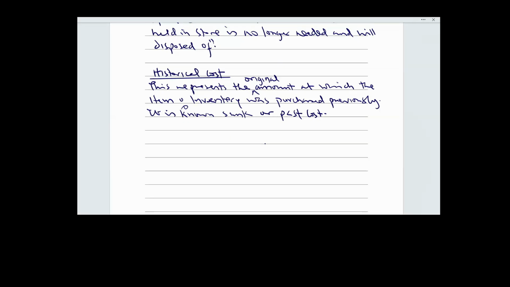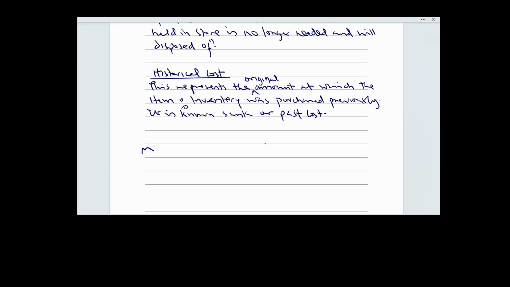If you now want to determine your relevant cost of a project or of a contract, whereby you are going to need material, the material that you have in your store is not relevant to the future decision that you want to take, because the cost of that material is past, is historical, it's a sunk cost. You can't change what has happened in the past, because relevant costs must relate to the future. It must be futuristic in nature. Any historical cost is a sunk cost. Any sunk cost is a past cost. Any past cost is irrelevant cost and should be ignored.